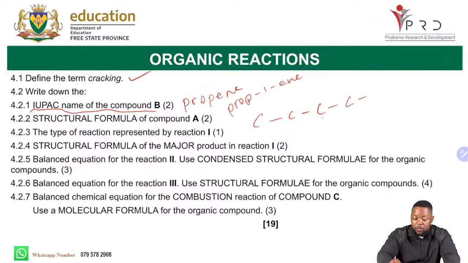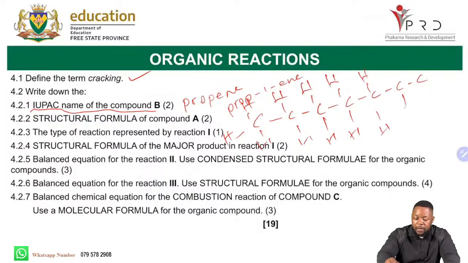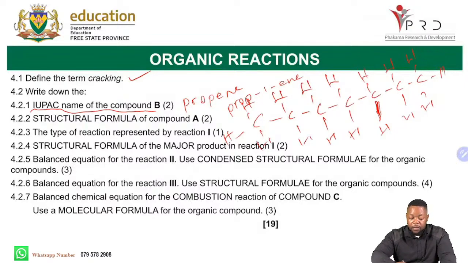So there's 1, 2, 3, 4, 5, 6, 7. Then we put the hydrogens here. The name of this molecule will be heptane. Each carbon should have 4 bonds.